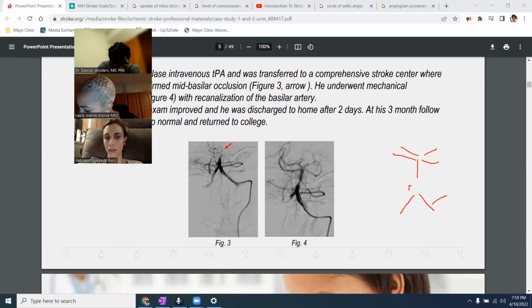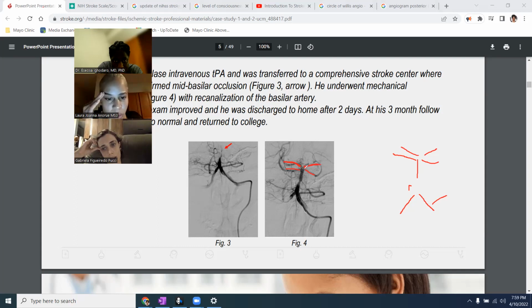So this would be the posterior cerebral artery. Or posterior cerebellar? That's PCA you're saying? So this here is PCA. Then superior cerebellar artery, right? Then the bottom one would have to be the superior cerebellar artery, right? Awesome.